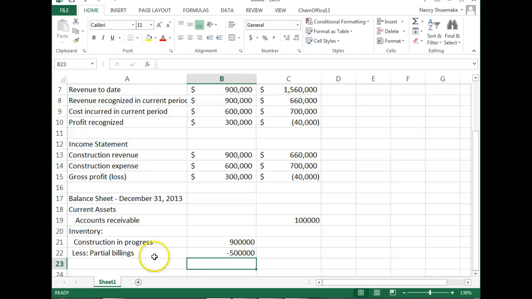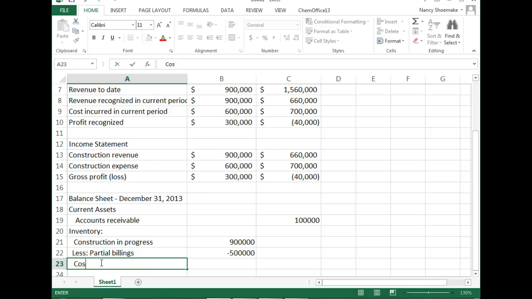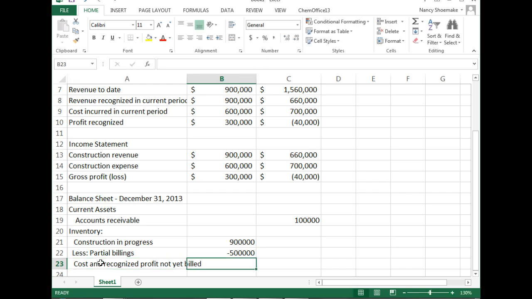Show cost and recognized profit not yet billed. Cost and recognized profit not yet billed, because what is our recognized profit? Our 900,000. So our cost and our recognized profit not yet billed is 400,000.